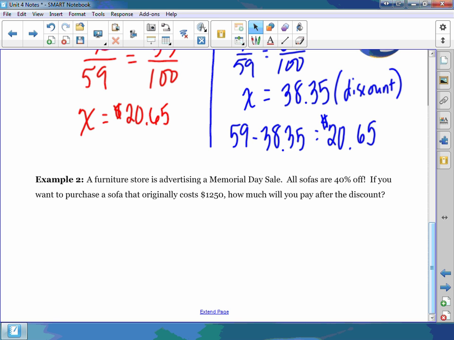Furniture stores advertising a Memorial Day sale. Very common, right? Around Memorial Day, 4th of July, these furniture stores, these mattress stores, they always have these big sales. I don't know what it is about celebrations that people want to buy furniture or mattresses or whatever it is. But, oh, we're having a huge Memorial Day sale. Why?